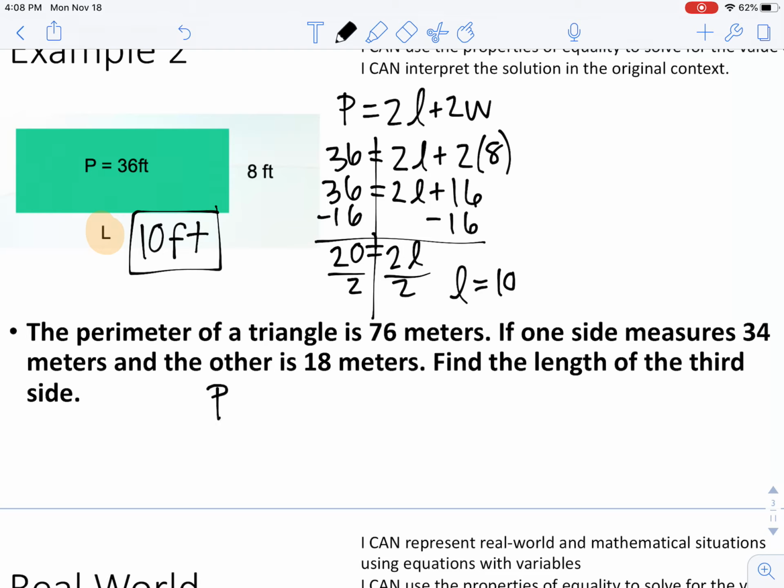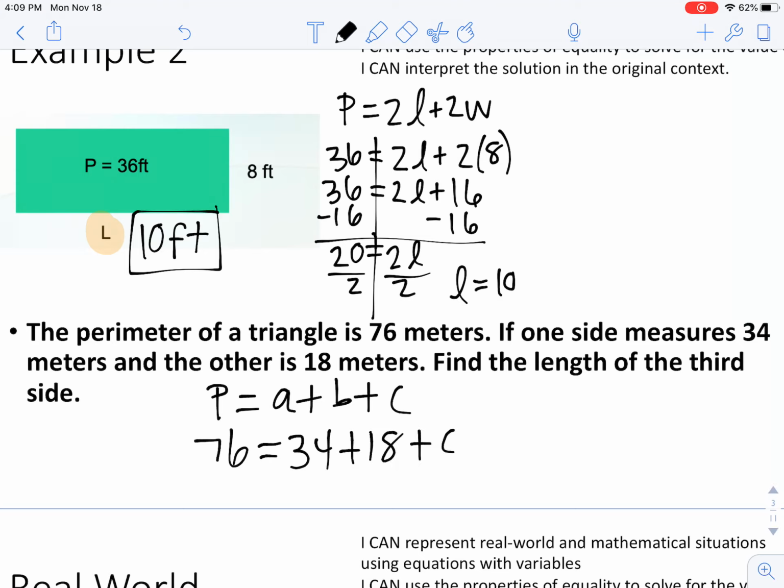Perimeter of a triangle is A plus B plus C, and those are just all the side lengths. So we're given the perimeter is 76, and we're given two side lengths, 34 and 18, and we are solving for C. Doesn't matter which variable you solve for. First thing we're going to do is combine those like terms.